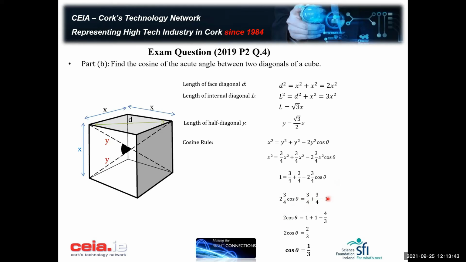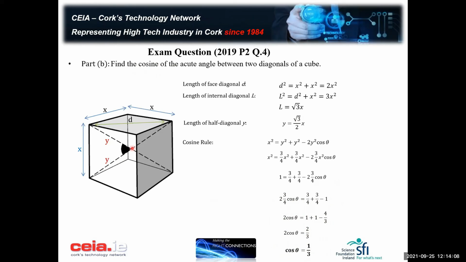Well, actually, in this case, it's simpler to multiply by 4/3 first. And that gives us a 1 and a 1 and a 4/3 here. Add those, subtract 4/3, we get 2/3, and divide by 2. We find cosine of theta is 1/3. They don't ask you to work out what theta is. Just find the cosine of it. So you're done when you get this far.